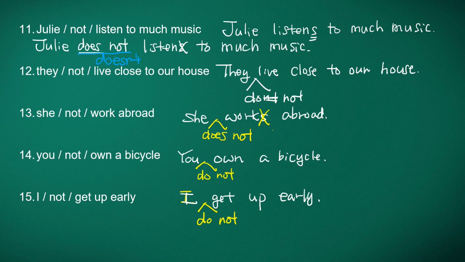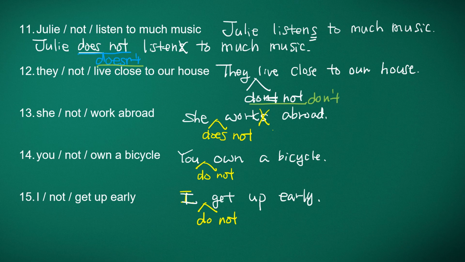So let me go back to, how about the green? Doesn't. Julie doesn't listen to much music. And then negative is they don't, D-O-N-T. They don't live close to our house.